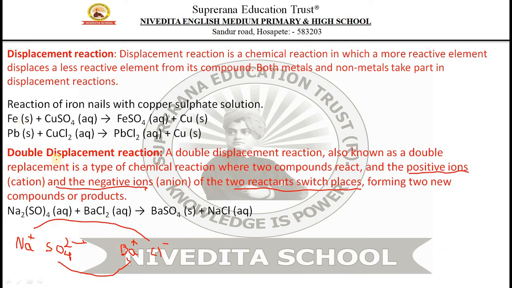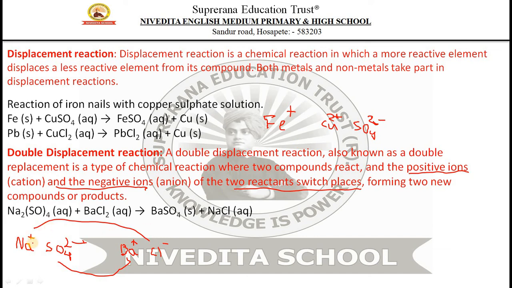But what is the difference between double displacement and displacement? Here I'll explain the earlier one. This is Fe, iron, a cation, so Fe plus, and I have copper plus and SO4, copper 2 plus, sorry, and 2 minus.